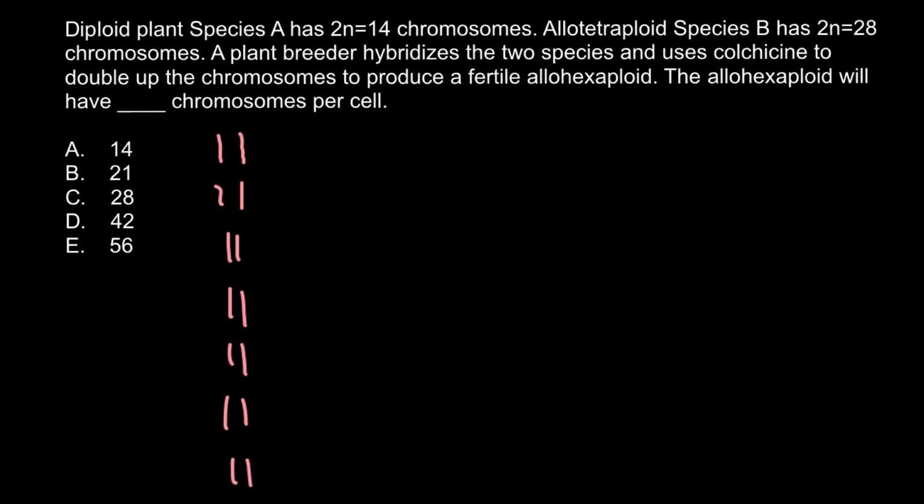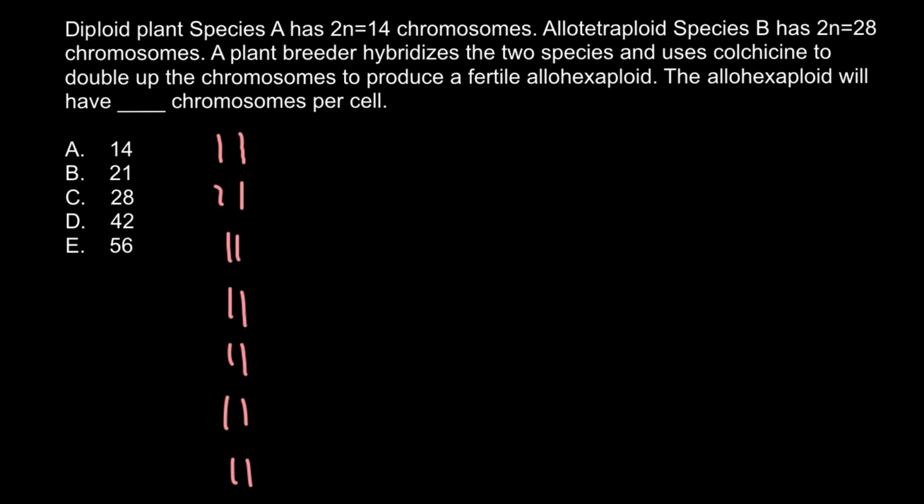Now we also have tetraploid species B, whose diploid number equals 28 chromosomes. Probably most of you know that tetraploid means that the organism has 4 sets of chromosomes, and I can represent the sets of chromosomes as follows.